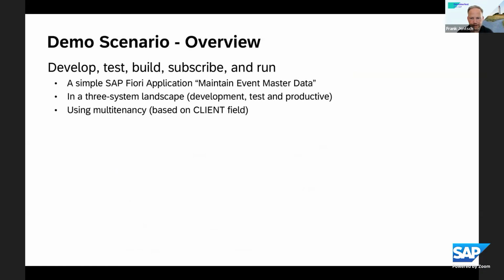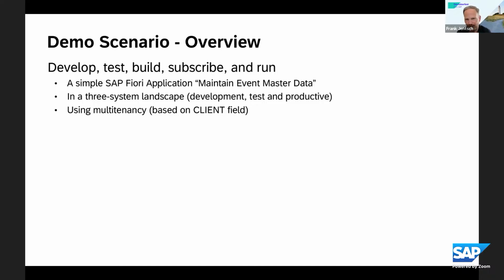All right, so a lot of introduction and considerations before I now start explaining the demo scenario. So what should be our demo? I would like to demo how to build a small, simple Fiori application, and the purpose should be to maintain event master data. So pretty easy, only one database table, just master data for events like this one.